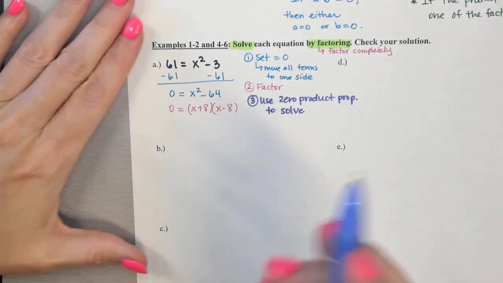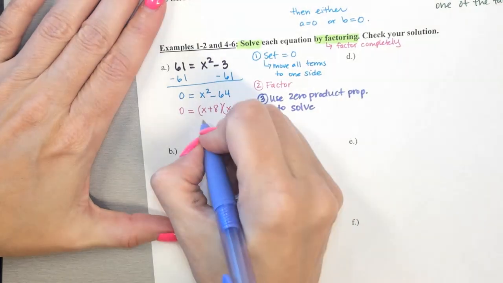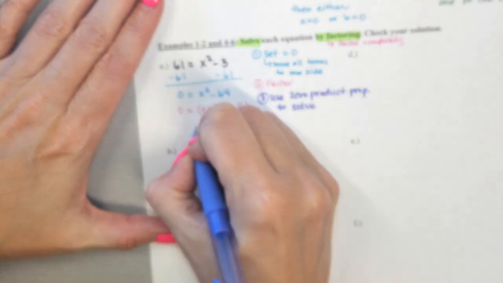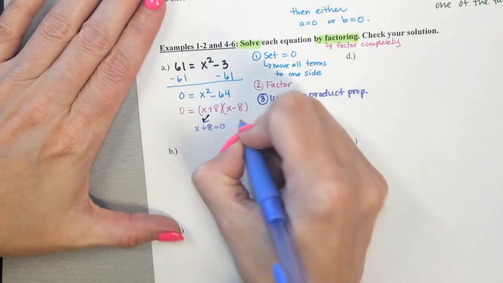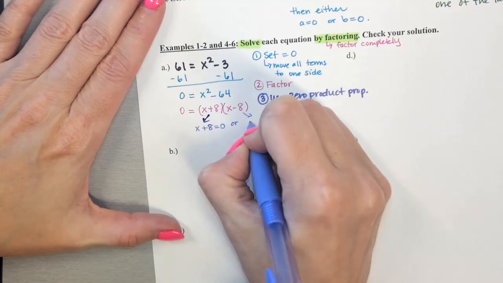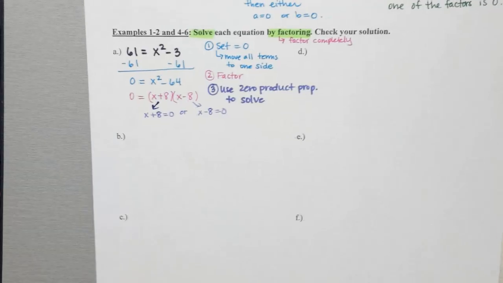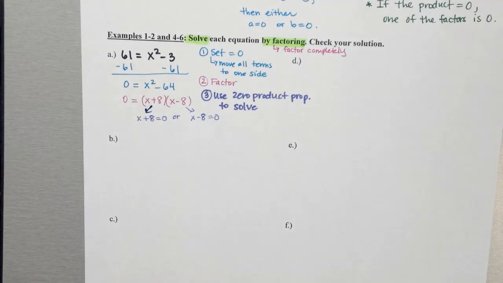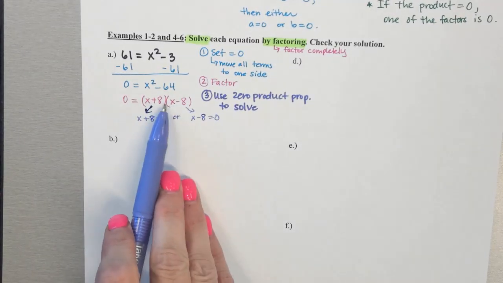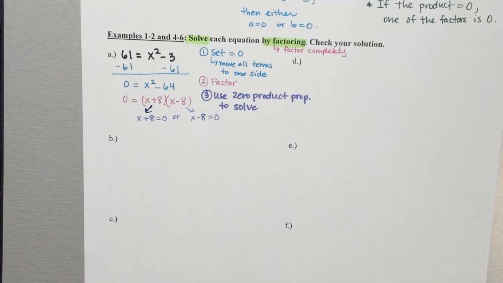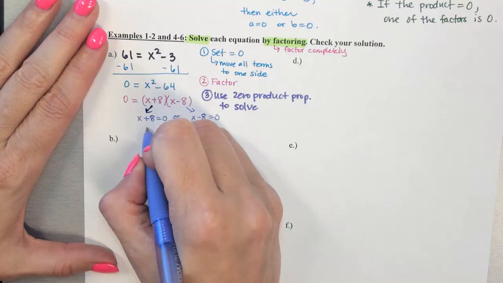In the zero product property, you're just going to show that x plus 8 equals 0 or x minus 8 equals 0. We know because they're multiplied together, one of them has to be 0. You don't need to show me the subtraction.